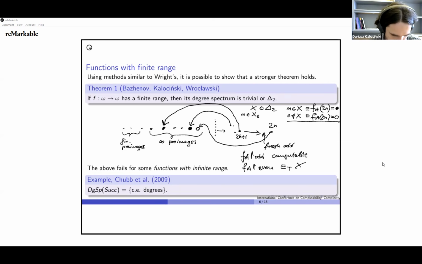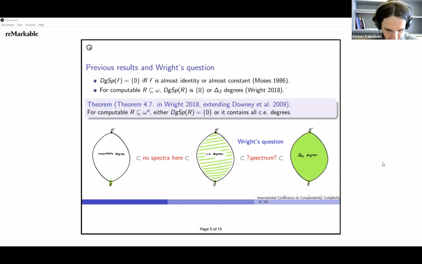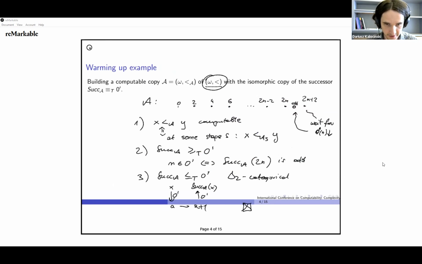The canonical example is the successor: the degree spectrum of the successor consists of precisely all c degrees. And you can actually show this using an argument along the lines that I presented on this slide.